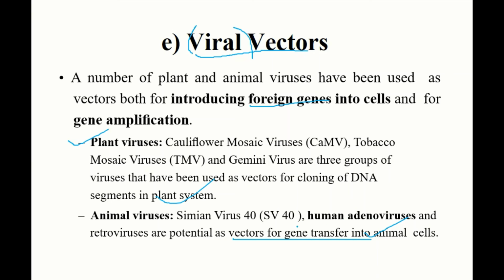For example, we are using human adenoviruses for COVID-19 vaccines, where we use adenovirus to carry the spike protein gene, and once the human adenovirus infects the human cell, it is able to deliver the DNA or the gene for spike proteins into the human cell.